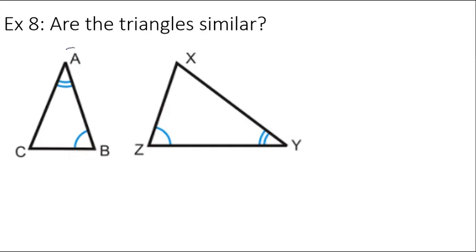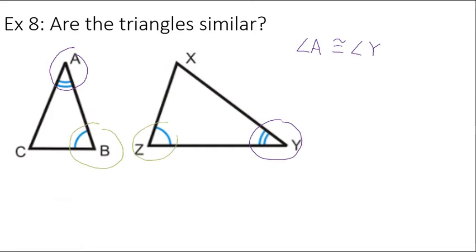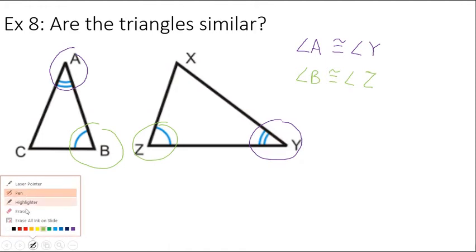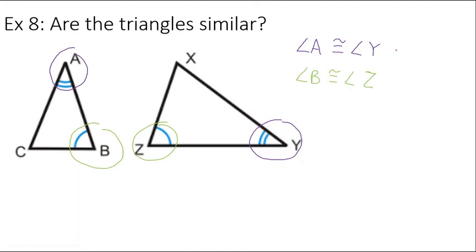So if you notice angle A and angle Y, so here we say angle A is congruent to angle Y. And you look at B and Z. So angle B is congruent to angle Z. So here we have two angles.